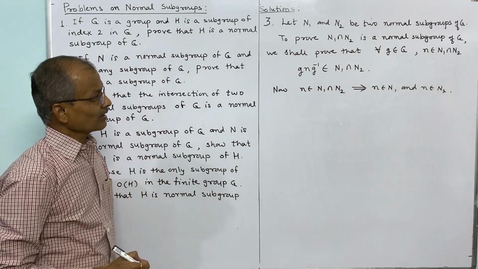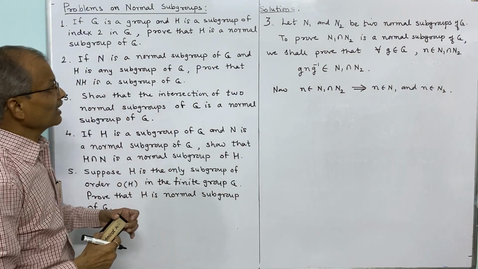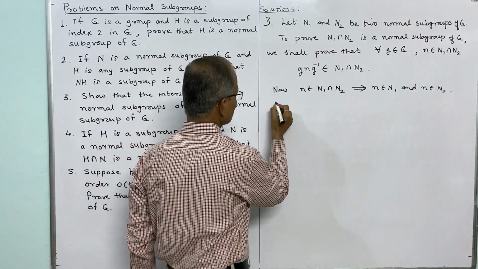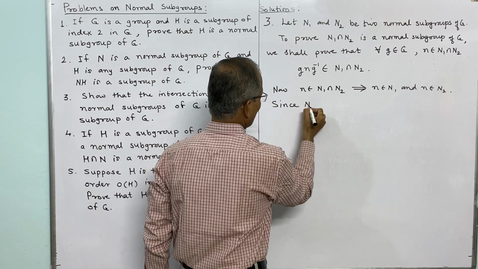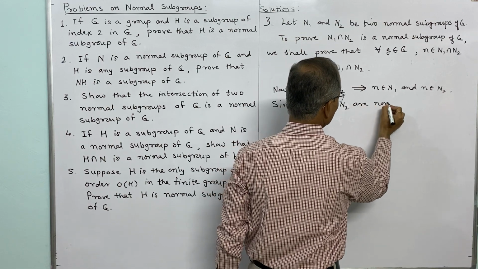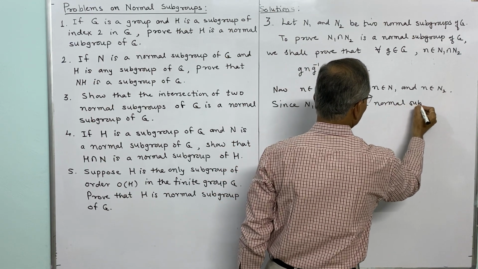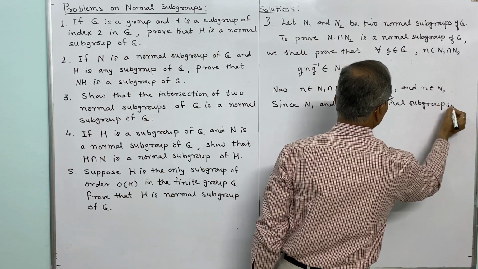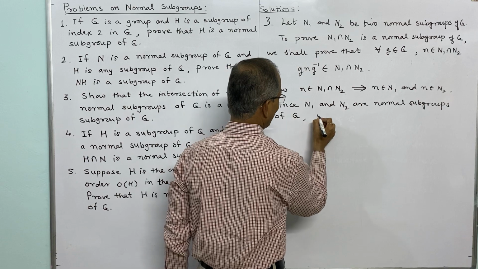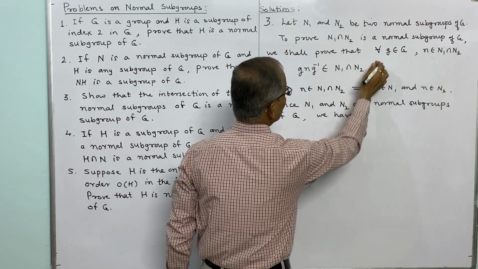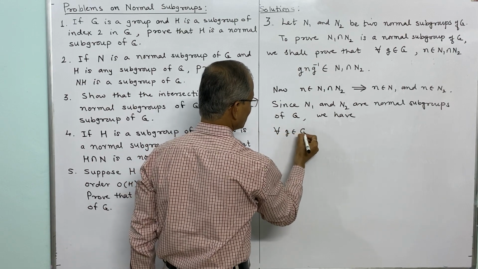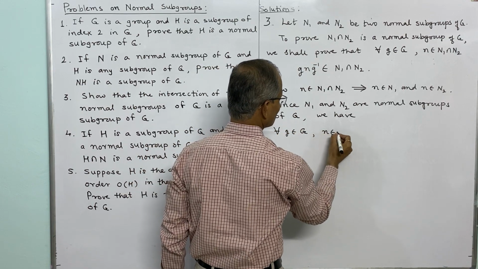And we now consider the given condition that N1 and N2 are normal subgroups of G. Since N1 and N2 are normal subgroups of G, we have, for all g belongs to G, n belongs to N1.